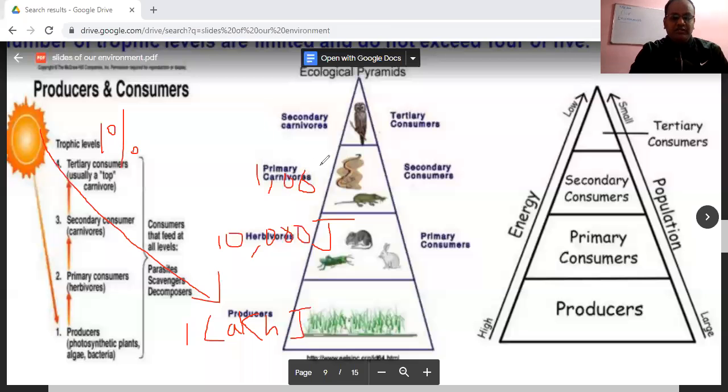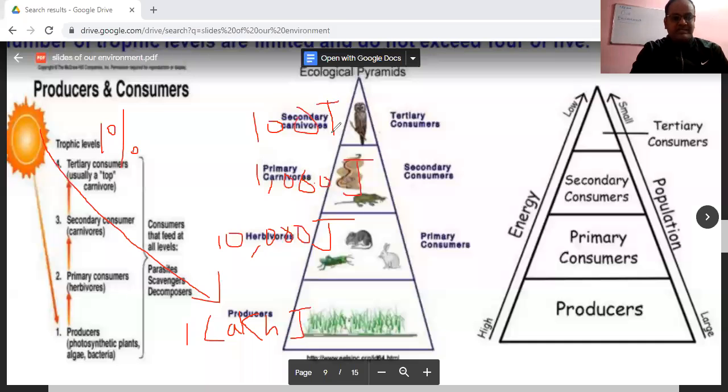Correct. 1,000 joule is available to the secondary consumer. And how much energy will be available to the tertiary consumer or the top level consumer? Very good. It is 100 joule.